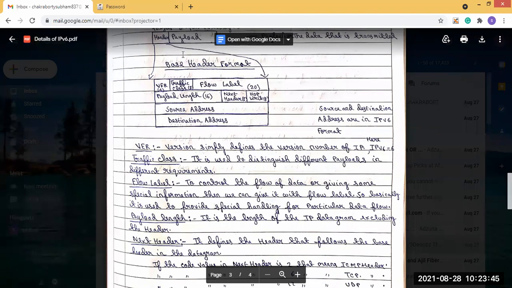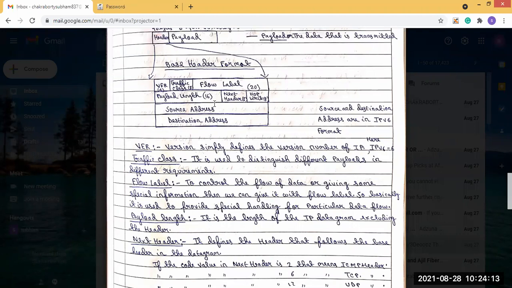That means the length of the data that we want to transmit, excluding the header, is called the payload length. This payload length field is 16 bits.